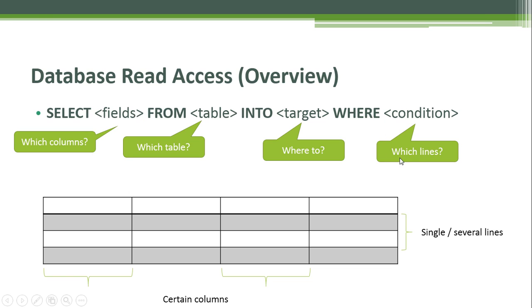Which lines should I read? It could be single or it could be several lines. And in the select fields, or which columns, I specify which columns I want from my database table.